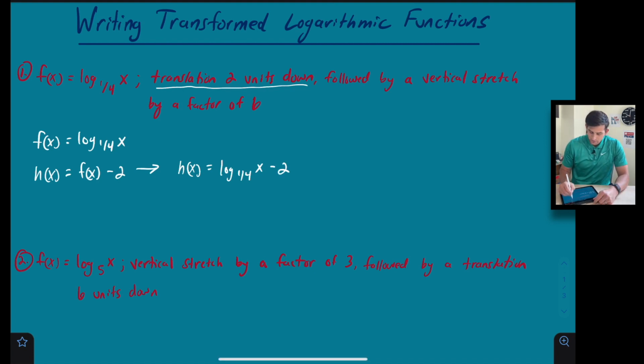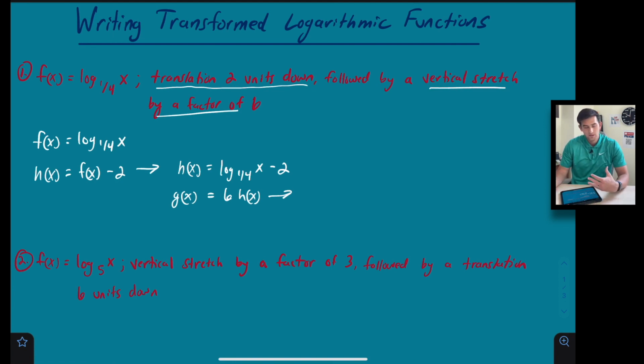Now we're going to do a vertical stretch by a factor of 6. So now I'm going to say g of x would be equal to 6 times the h of x, right? That's how we would denote a vertical stretch. So now I'm going to take what I have for my h of x, which is log base 1/4 of x minus 2, and we're going to multiply it by 6. Now I want to think about distributing here. So we're going to multiply log base 1/4 of x by 6.